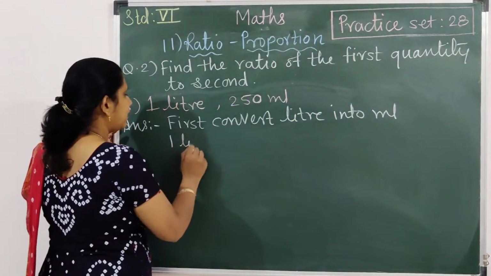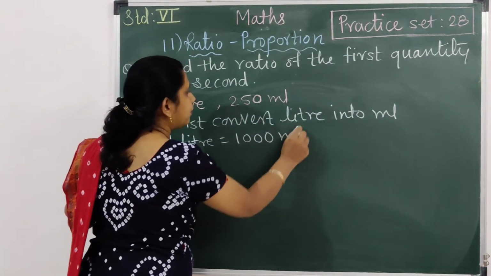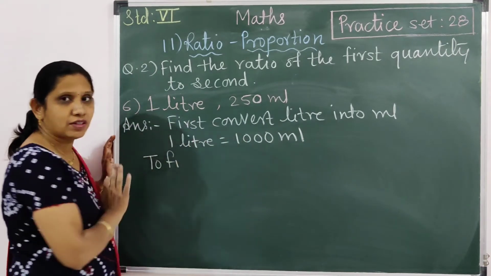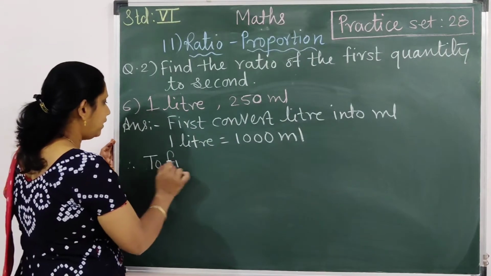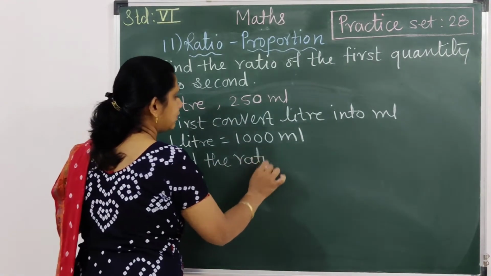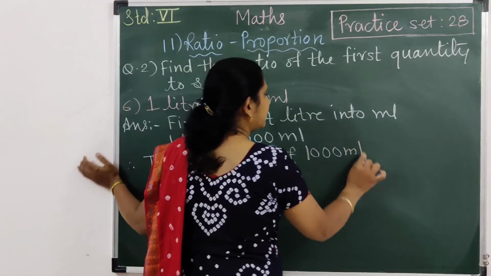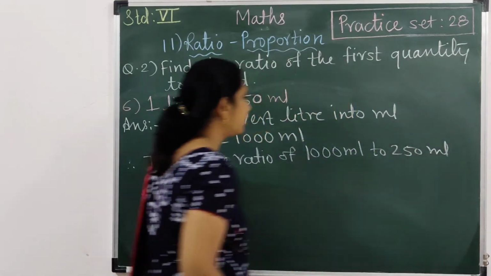So 1 liter is equals to 1000 milliliter, therefore to find the ratio of 1000 milliliter to 250 milliliter.